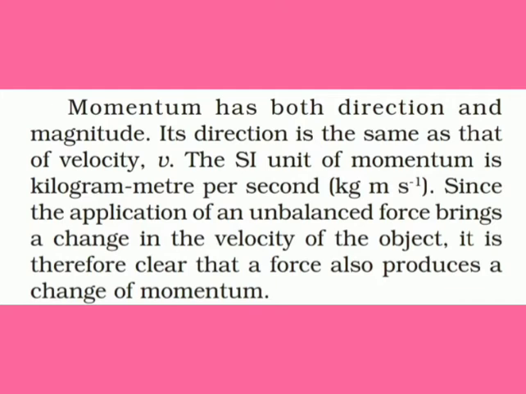Its direction is the same as that of velocity v. The SI unit of momentum is kilogram meter per second. Here the SI unit of mass is kilogram and the SI unit of velocity is meter per second. So the SI unit of momentum is kilogram meter per second.